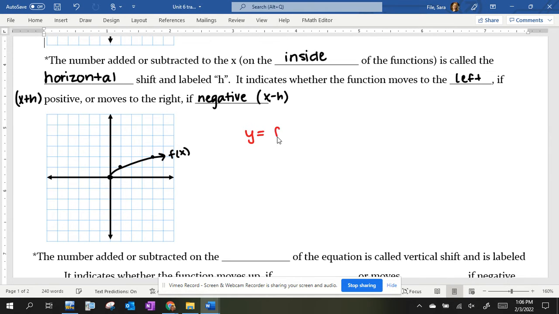So if I have x minus h, that is going to shift to the right. I'm going to pick a number for h. We'll just pick 2. So all of your points would shift over 2. That would be f of x minus 2.